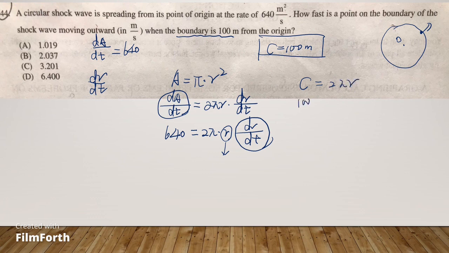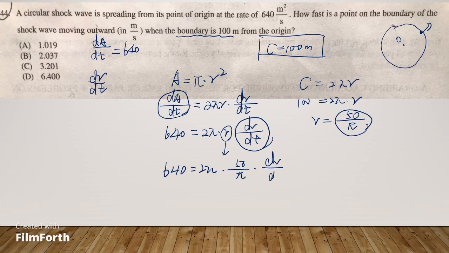So 100 equals 2 pi times r, which means r equals 50 over pi. And we substitute 50 over pi for our r in r times dr over dt.